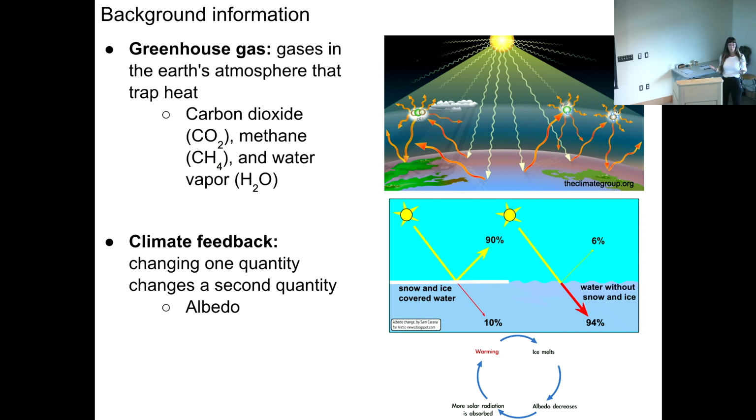So that helps keep the Earth cool. But if you start melting ice, then you expose the darker colored water underneath, and that has a lower albedo or lower reflectivity. So you're only reflecting back about 6% of the energy coming from the sun. That can cause warming. Then the feedback comes in where you're warming, and that causes the ice to melt, and that causes more warming, and then it kind of just goes around in a circle as a feedback.